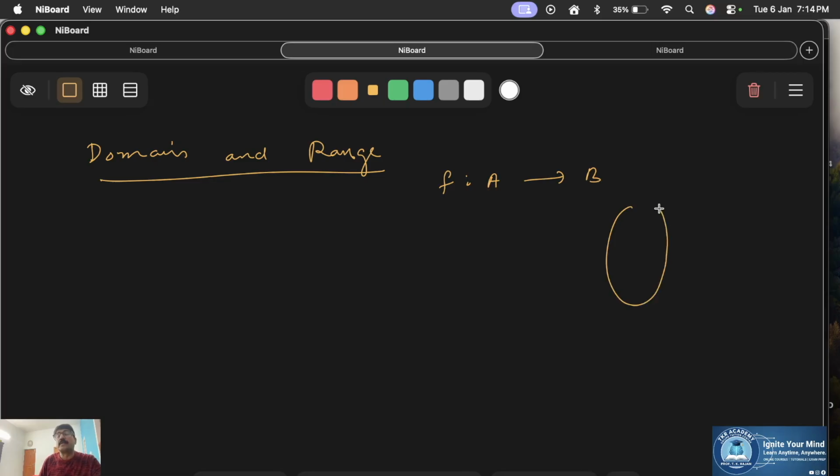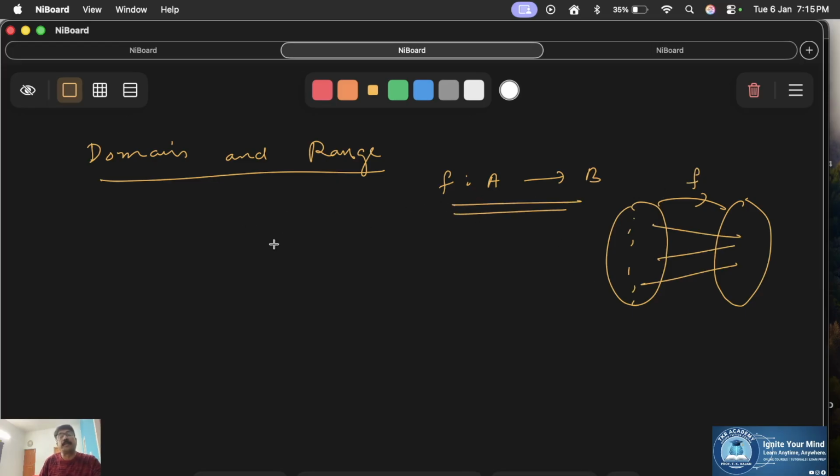That means when you draw a picture like this, every element here has some image here. And therefore, the domain of this function is always A. So, if f is a function from A to B, its domain is the whole set A.